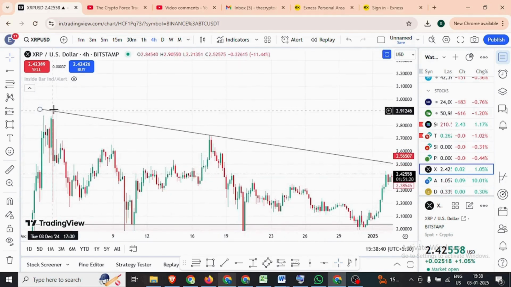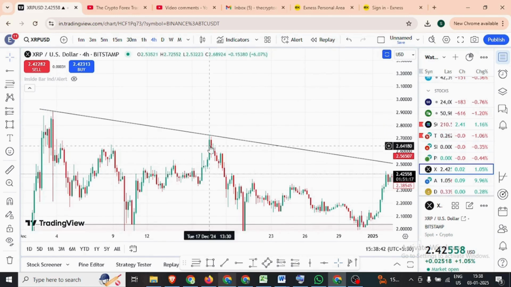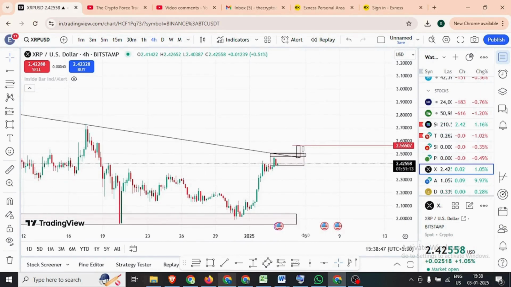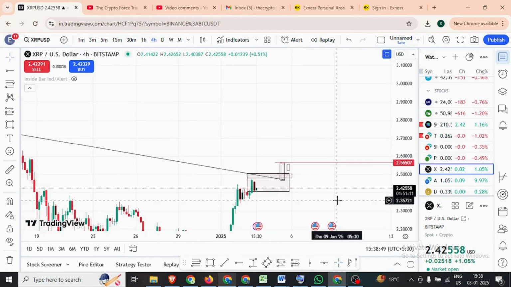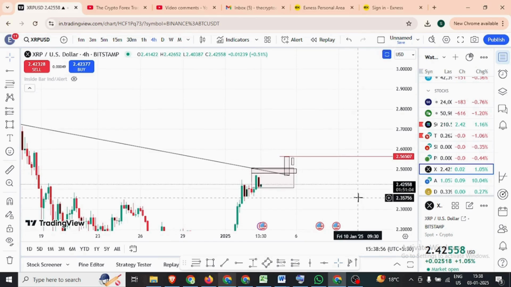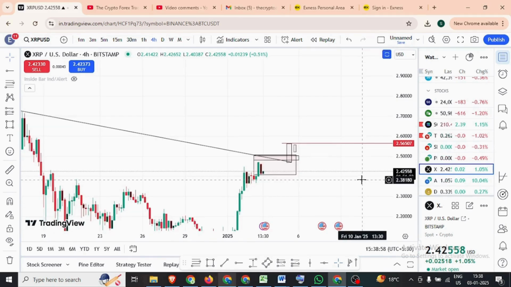There's a trend line here, 1, 2 and 3, tested the third time, and if it is able to sustain here, it can be a good upside trade, because the probability of this trade will be high if it sustains here and gives a breakout.